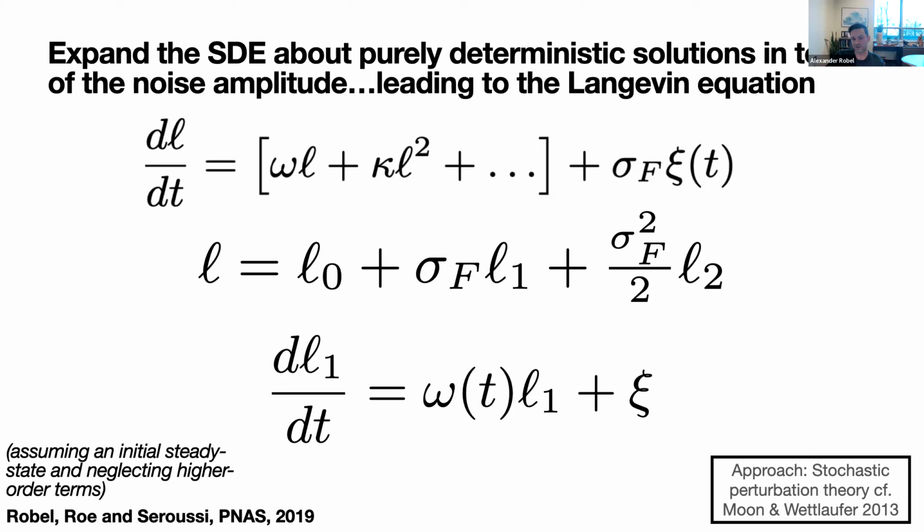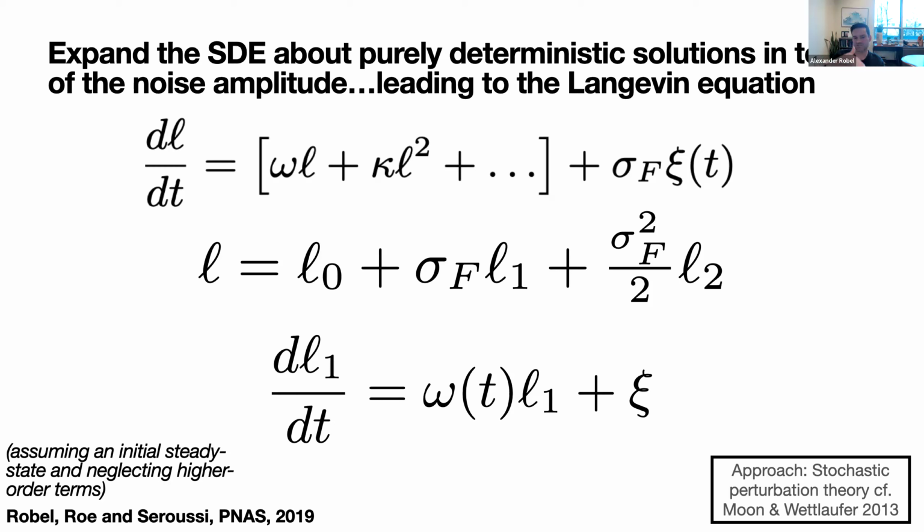The zeroth order term is just the deterministic part of the model, and if we assume that the model starts at a steady state, we can actually ignore that. That's L naught in this equation. The first and second order terms are really where you can start to think about the different modes of uncertainty in the solution, right?